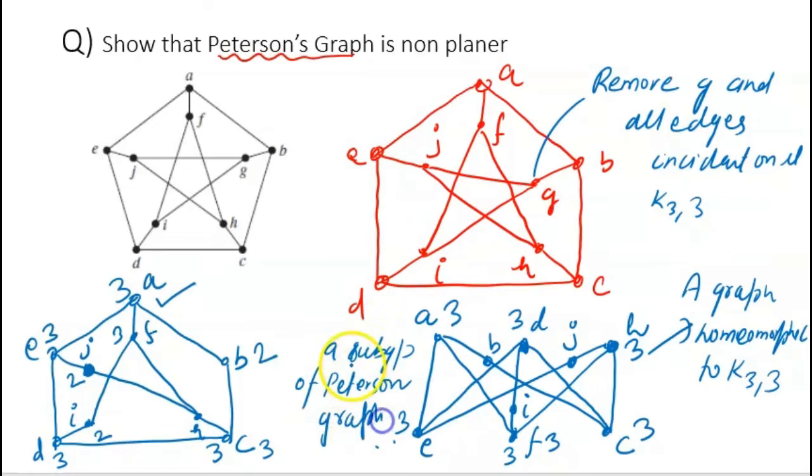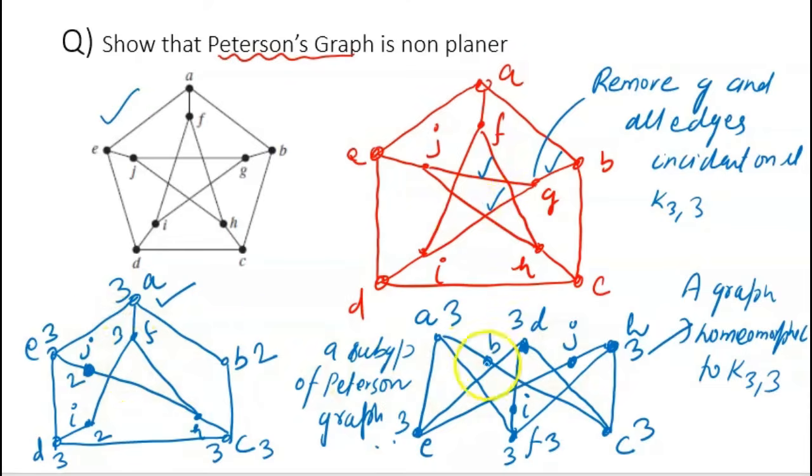Okay, so what I did, I took the Petersen graph. First I drew a subgraph of this Petersen graph. How did I draw the subgraph? I removed the vertex G and all the edges which are incident on G. So this edge I removed, this edge I removed, and this edge I removed. So I got this structure.